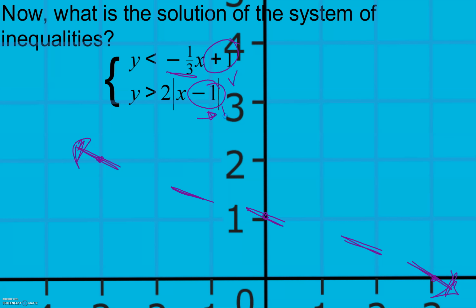Absolute value, I go right 1 and stretch by 2. So I'm going to start at 1. And my slope is 2. I go up 2 over 1 because of that stretch by 2. And again, we're going to graph these absolute values the same way we did last chapter, the same way we have been doing, just like we did with our lines. This one is also dotted.